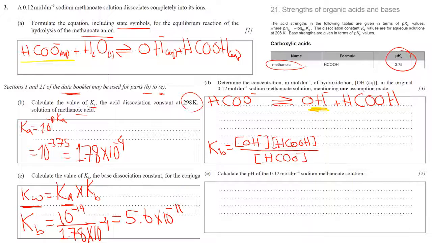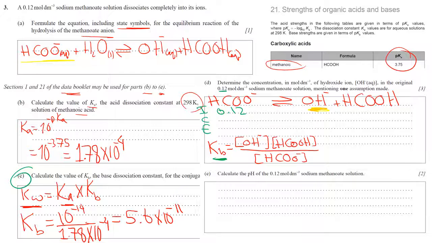We already have Kb from C. What else do we have? We should now construct our ICE table: initial, change, and equilibrium. So the initial is 0.12, which is the concentration of the sodium methanoate solution.